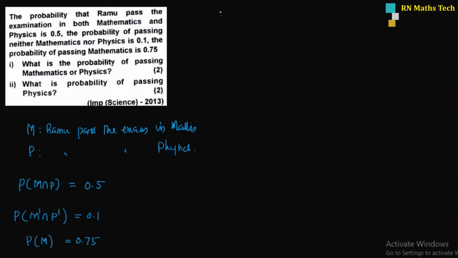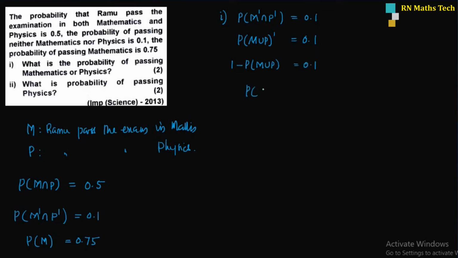First one, P of M dash intersection P dash is equal to 0.1. This is P of M union P the whole dash is equal to 0.1. 1 minus P of M union P is equal to 0.1.